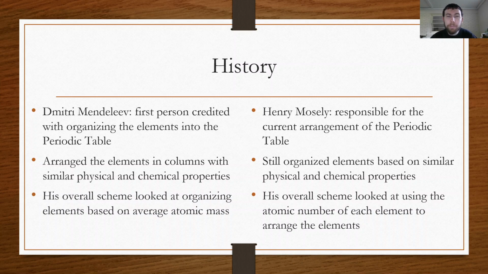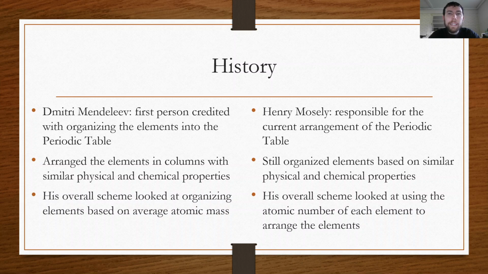Now, Dmitri Mendeleev's periodic table is not what matches up with the current periodic table. So Mendeleev got the ball rolling for this particular idea, and it wasn't until Henry Moseley, a British scientist in the 1900s, came along that we really start to see the periodic table take shape and hang on to a specific pattern that we see today. Again, Henry Moseley was a British scientist, and he's the one who we give the most credit to for the current arrangement of the periodic table, right?